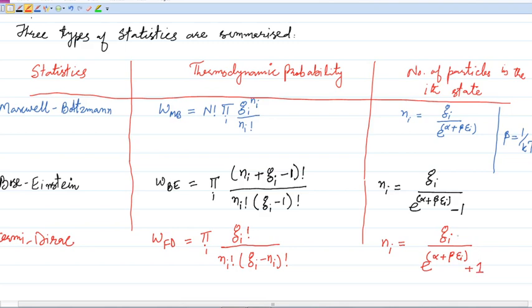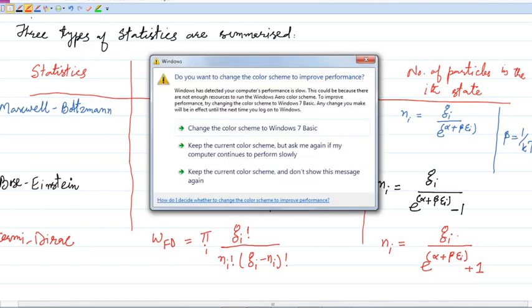So these are the three types of statistics which we have already discussed in the previous video lectures, and we have just summarized here the thermodynamic probability and number of particles in the ith state.